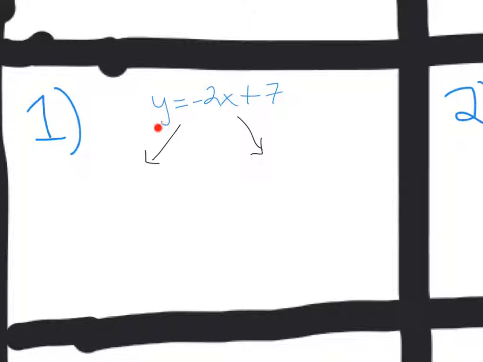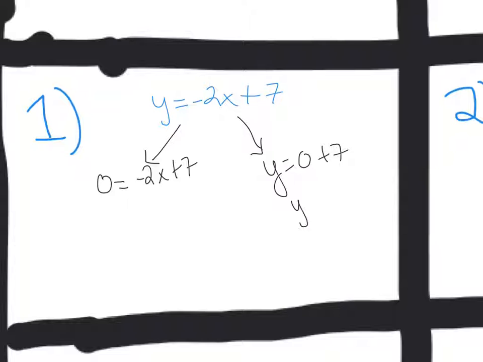If I replace the y with 0 and solve for x, I would have an equation that looks like this: 0 equals negative 2x plus 7. And the other equation, if I replace my x with 0, I would have y equals 0, because negative 2 times 0 would be just 0, plus 7.